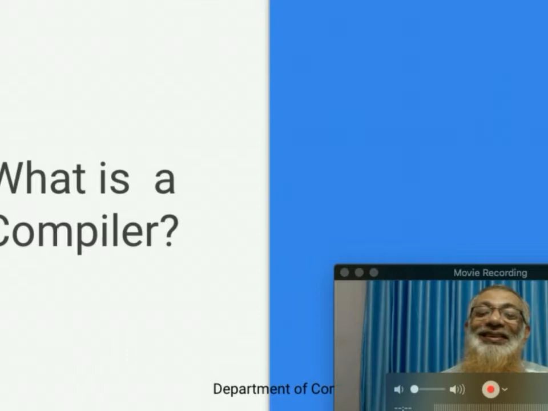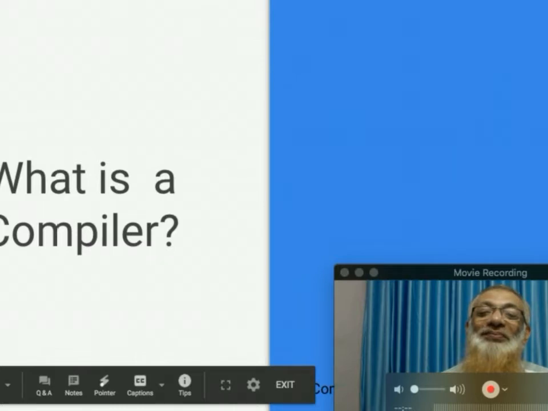What will be your quick answer, being undergraduates of computer science and PG students of computer science? Just pause the video for a few seconds and think about that. How well can you precisely answer this question? What is a compiler? Okay. We can quickly say that a compiler is a translator. What should be translated?